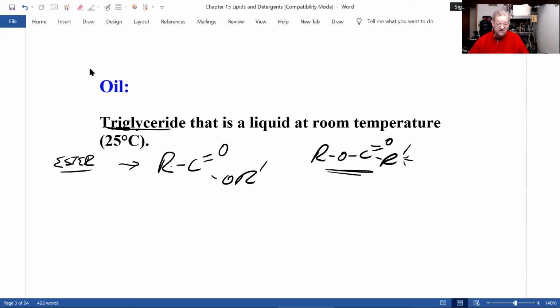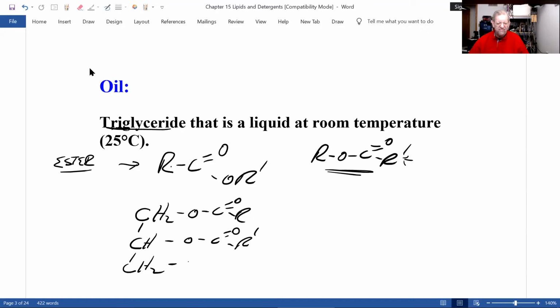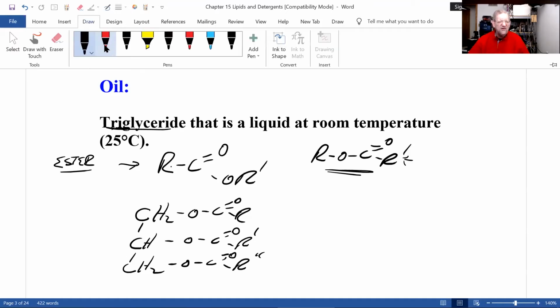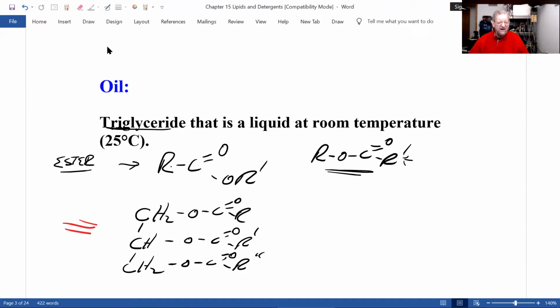Well, tri means 3, and all fats and oils, and you should know this, have the following structure. Now, if we look at this right here, this is a triglyceride, or fat or oil. This is the structure of all fats and oils.